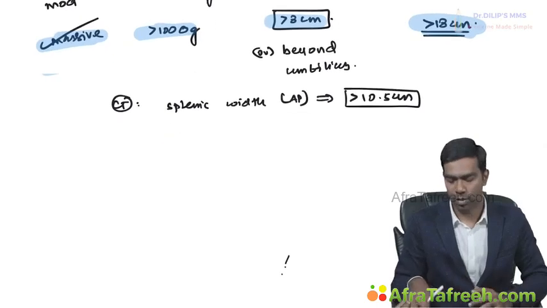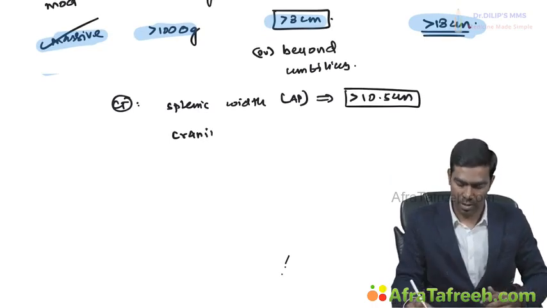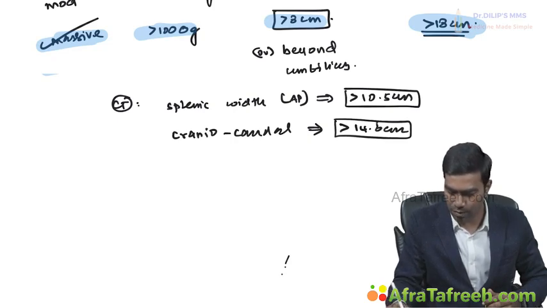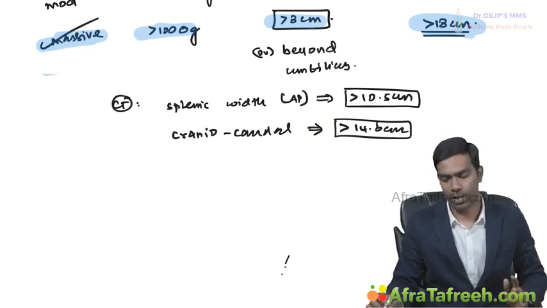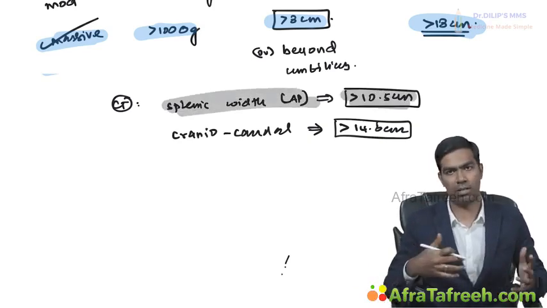Similarly, if the craniocaudal measurement, that is the height of the spleen in CT, is more than 14.6 centimeter, this is again considered a very important accurate measure of splenomegaly in CT. But in the exam, if they ask for the single most accurate, this is what I will go with: the splenic width, the AP diameter, more than 10.5 centimeter. I'm not talking about massive, mild or moderate, just splenomegaly.